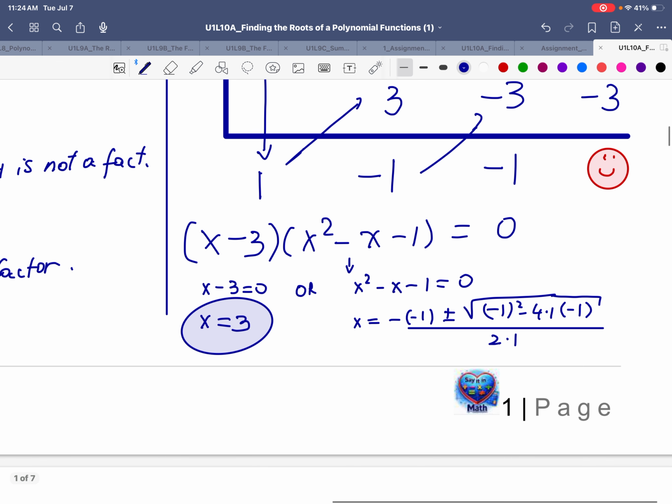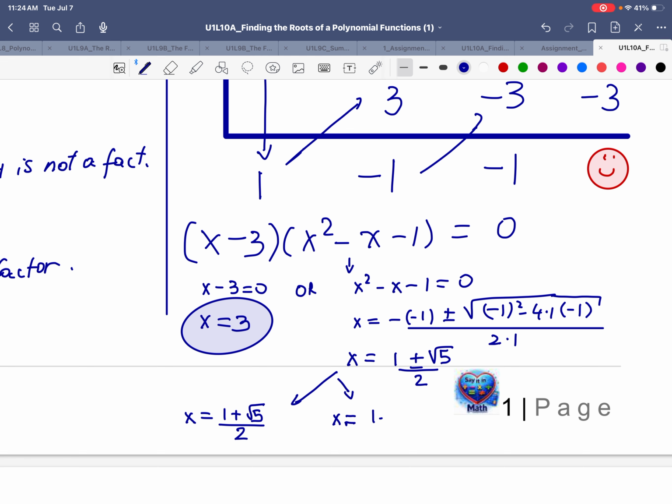And what we get in here is x equals 1 plus or minus, see that you have 1 plus 4, that's 5, root of 5 over 2. So we got two more roots in here, and these two roots are in radical form. So 1 plus root 5 over 2 and 1 minus root 5 over 2.